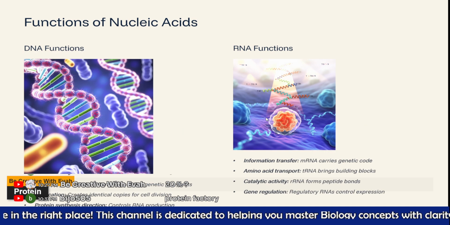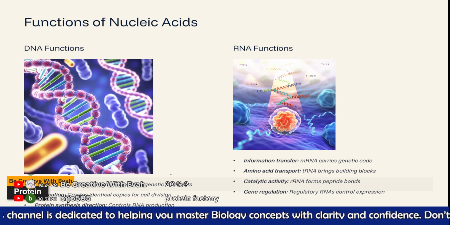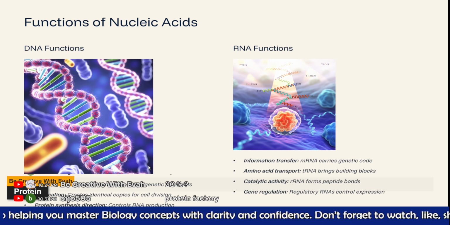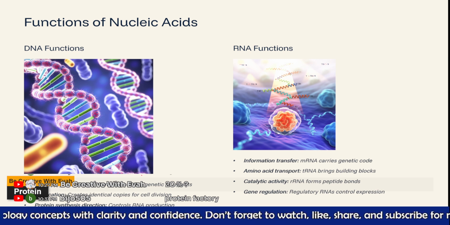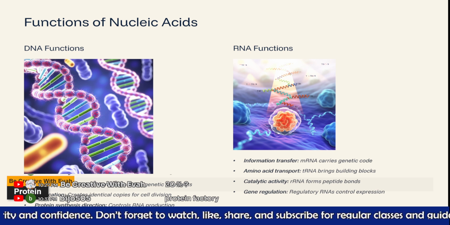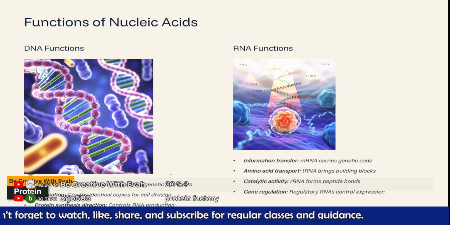So for the last part, we will compare the functions of DNA and RNA. DNA carries the genetic information. All the genetic material is stored in the DNA, which consists of various types of genes. Another thing is that DNA can make copies of itself.